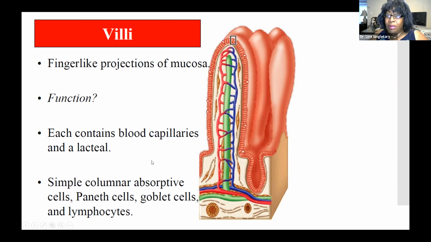Okay, now remember, finger-like projections are the villi, right? Well, on the villi are something called microvilli. Do you see these little tiny hairs on top of the finger-like projections? That is where some serious absorption happens. And I'm going to take one little square of the lining of the villus, and we're going to look at that.